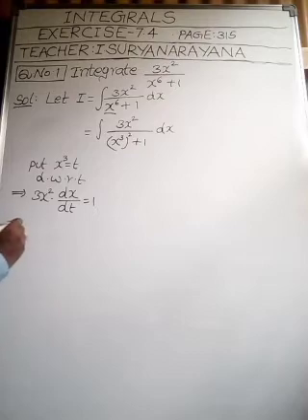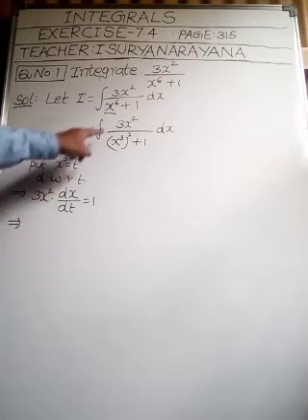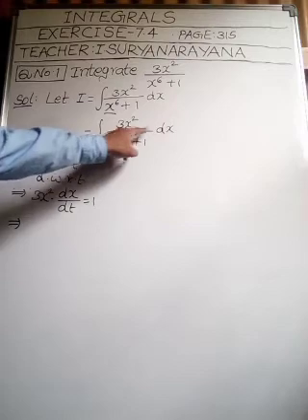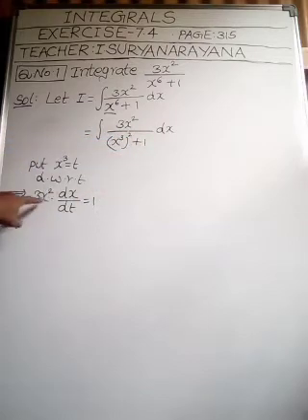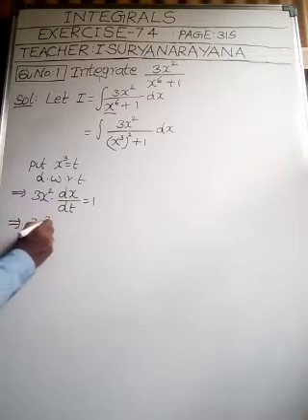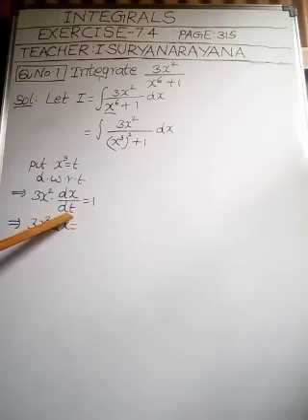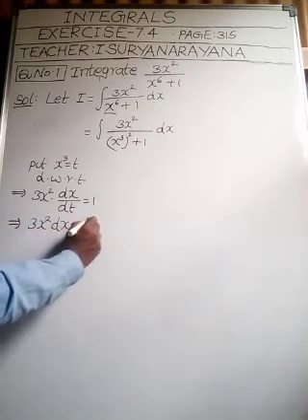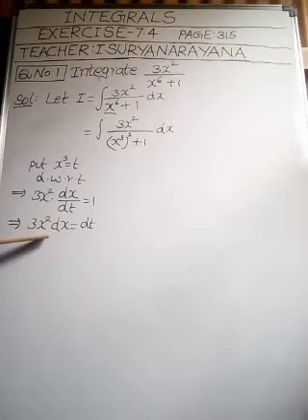Right. From this equation, what is there in the numerator? 3x square dx. So from this equation we find the value of 3x square dx. This implies 3x square dx is equal to, we transpose dt to RHS, it becomes 1 into dt only. So we got x cube is equal to t and 3x square dx is equal to dt.